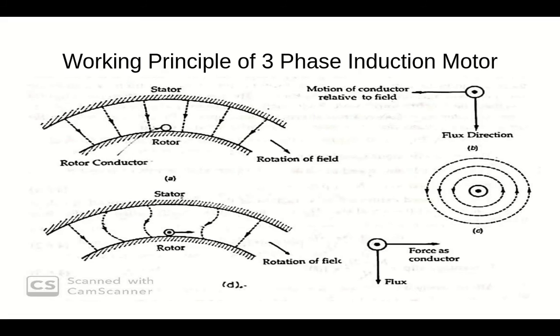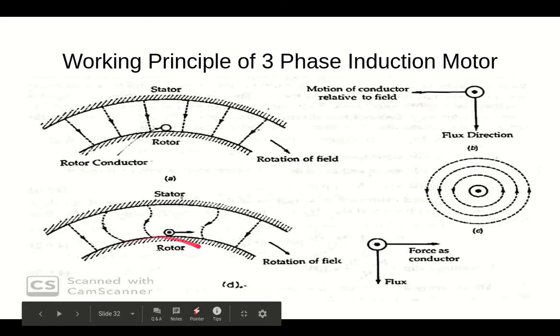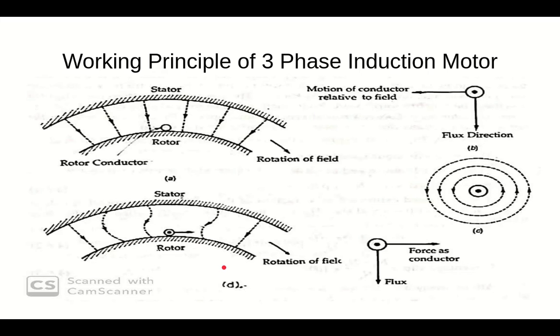Since the rotor conductor is in a slot on the circumference of the rotor, you can see here, this is the circumference of the rotor. So similar torques are produced on all the rotor conductors. Since the rotor is free to move, it starts rotating in the same direction as the rotating magnetic field.